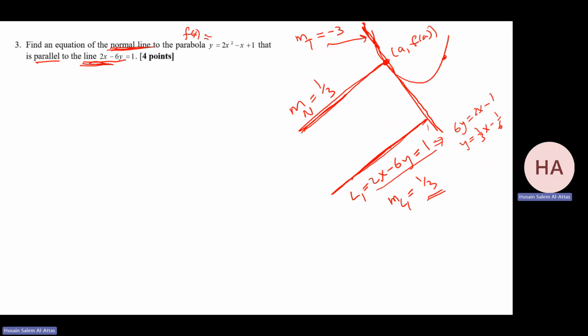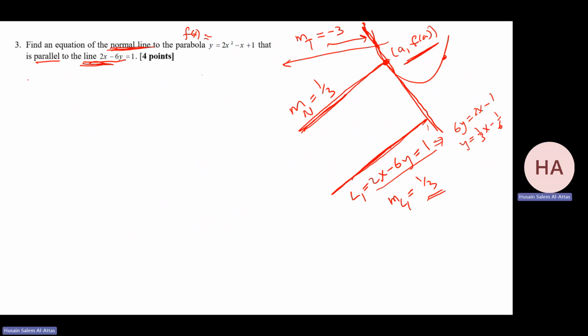Okay. You want to find the equation of the normal line. So I need to find this point. I can find this point A. I know that f prime at A will be equal to -3, equal M tangent.